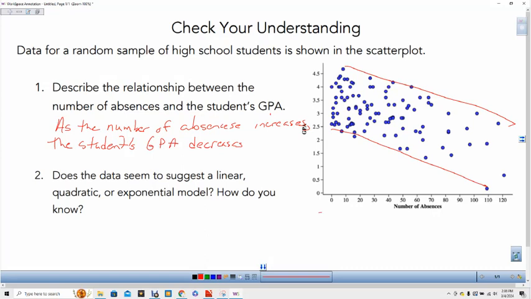So remember, as we're going in this direction here, the number of absences is going to increase and our GPA is falling as a group as we go back and forth, as we go towards the right there.